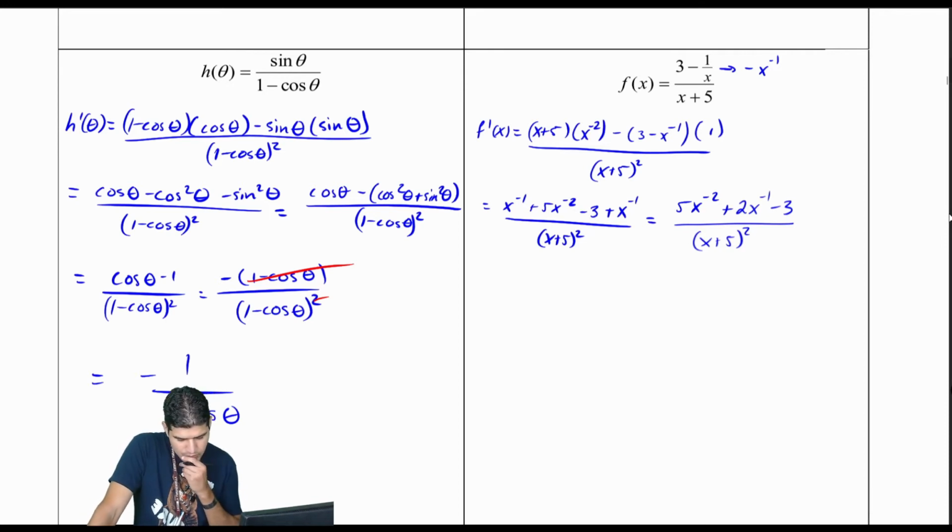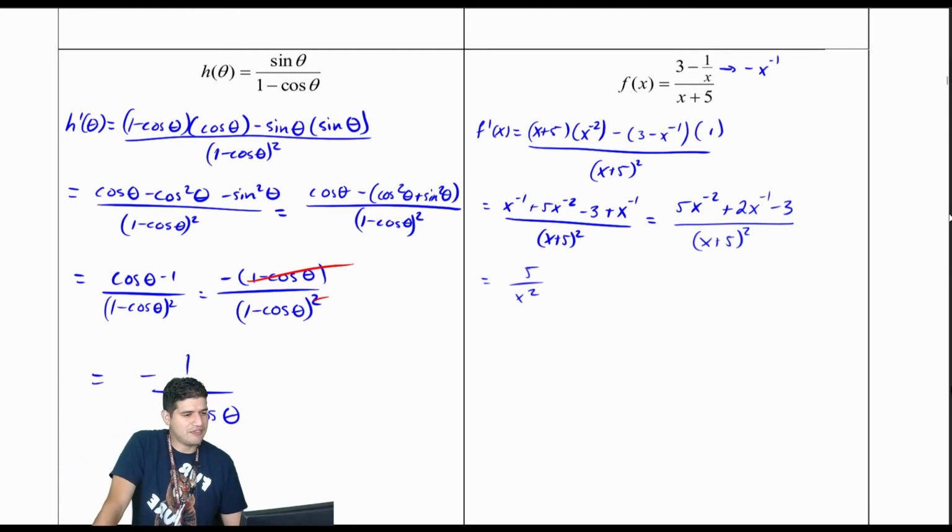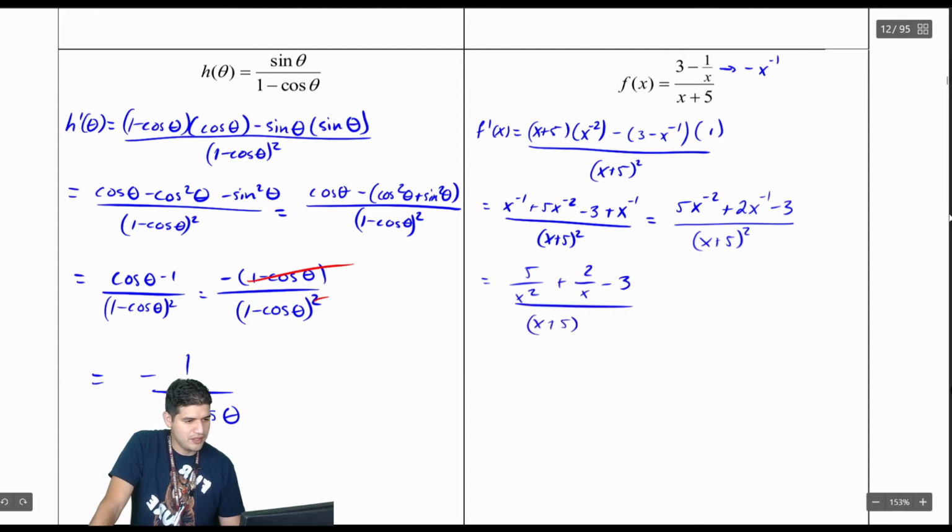All right, so what can I do with this? I am going to try to write this all as one fraction. So let me start this idea, because that's going to be 5 over x squared. I'm just looking at the numerator right here. So 5 over x squared plus 2 over x minus 3 all over x plus 5 squared.